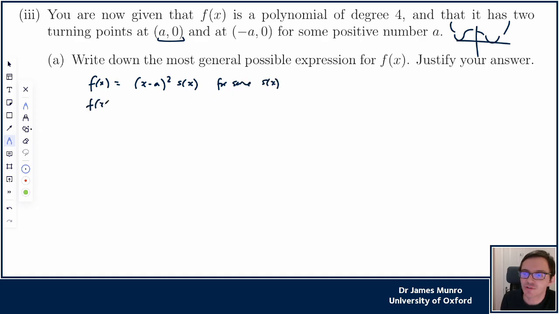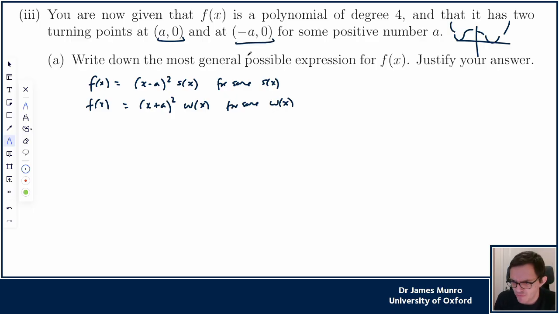And f of x has also got to be equal to x plus a squared times, I need another letter of the alphabet, w of x for some w of x. That first one is because in the previous part we talked about polynomials that have a turning point at a, 0, and if I just switch the a's for minus a's, then I'll get this expression for what it means to have a turning point at negative a, 0 as well. f of x has got to do both of these things, which feels unlikely.